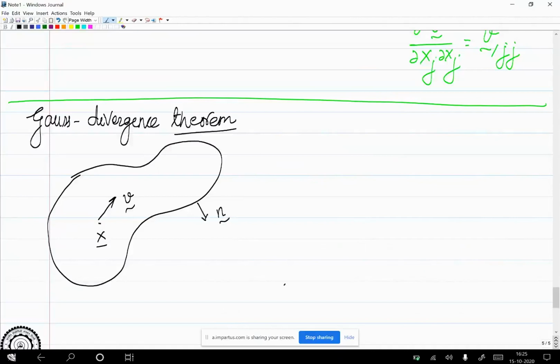So the body I'm going to denote by omega, and the surface of the body I'm going to denote by del omega.